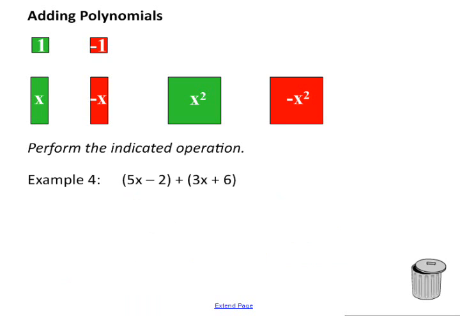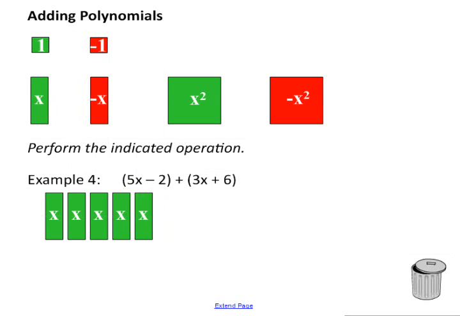Example 4, we have 5x minus 2 plus 3x plus 6. I'm going to take 5 x's, minus 2, so I need 2 negative 1 units. I'm going to add 3x's plus 6.